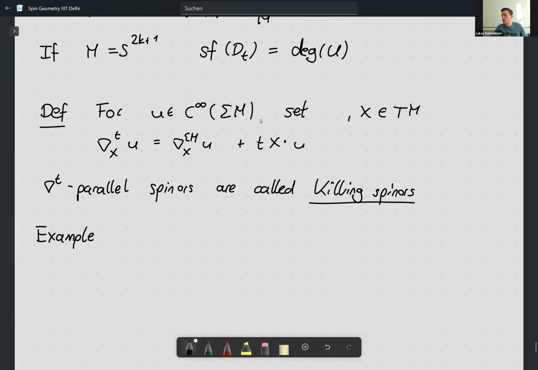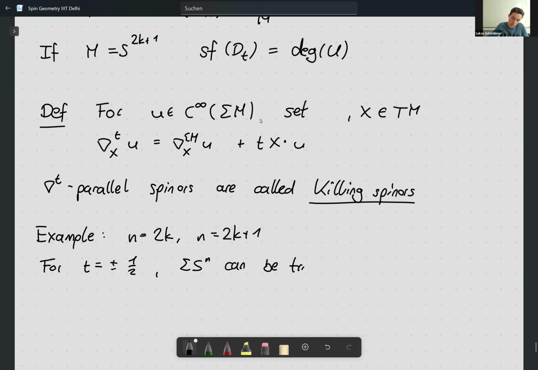One important example is, let's write 2k or 2k+1 for the dimension, depending on whether we are in even or odd dimensions, and for t equal plus or minus 1/2, the spinor bundle of the n-sphere can actually be trivialized.